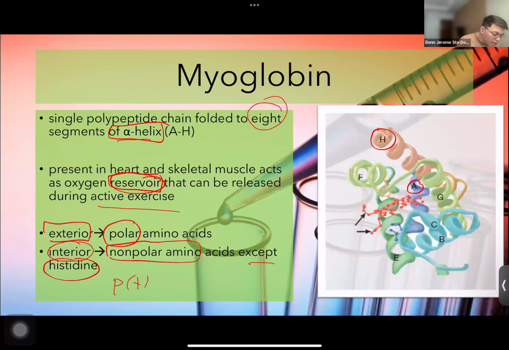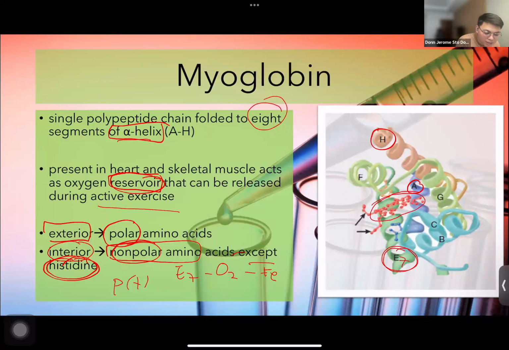Sabi, ang interior is normally non-polar or hydrophobic, no? Pero meron daw histidine residue that is polar doon sa interior. We have 2 histidine residues. One is in the distal segment, E7, that stabilizes the bond between oxygen and iron. Imagine niyo tong nasa center na to.